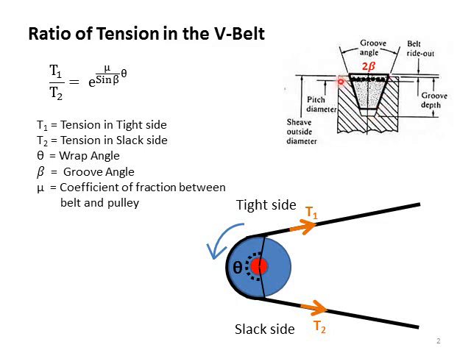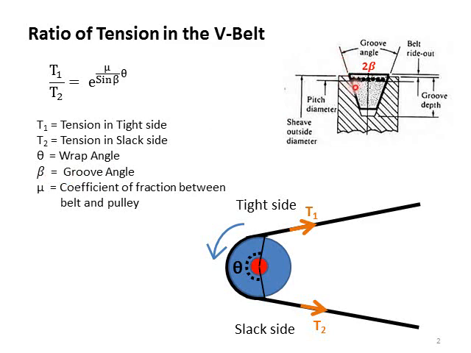So most of the terminologies that are used in the V-belt are similar to the flat open belt, such as T1 is the tension in the tight side, T2 tension in the slack side, theta is the wrap angle, mu the coefficient of friction between belt and pulley. The additional angle is the groove angle, which is represented by beta.